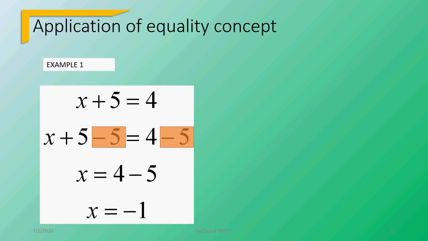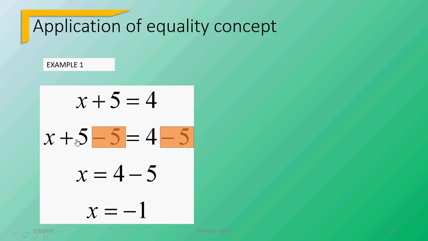First example, let's say you have x plus 5 equals 4. Again, the objective of solving a linear equation is to get only x at the left hand side and a numerical value at the right hand side. So you have to get rid of this plus 5. To eliminate it, you have to minus 5 at the left hand side and right hand side, and you will get x equals 4 minus 5.